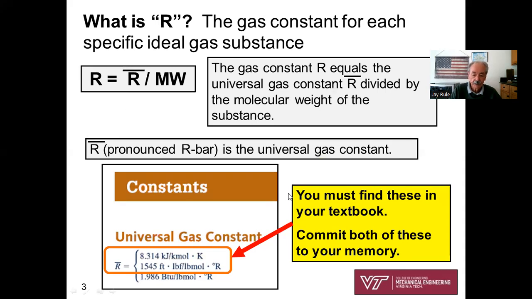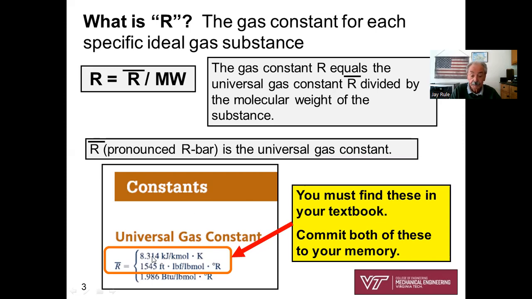Your textbook does a good job of explaining how all ideal gases behave in very similar ways. And thus, on a mole basis, R bar is universal. I do want you to be sure that you can find this little table in your book, on that one-page table of conversion factors and constants.